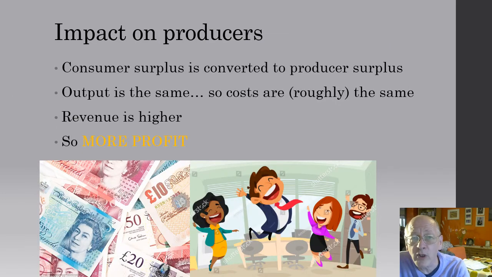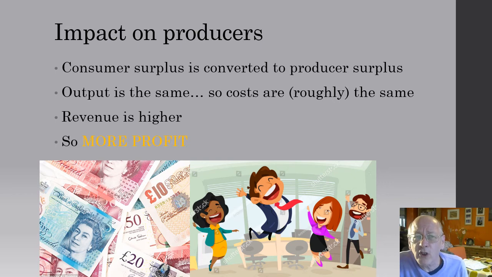So what about the winners and losers? Well, the winners are the producers. How do I know that? Who chooses to price discriminate? It's the producers. They wouldn't do that if it wasn't going to improve their profit. And what they are doing is converting some consumer surplus into producer surplus. They're selling exactly the same output, so their costs are going to be roughly the same.